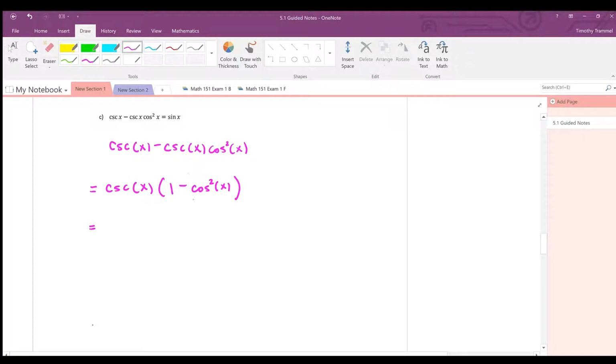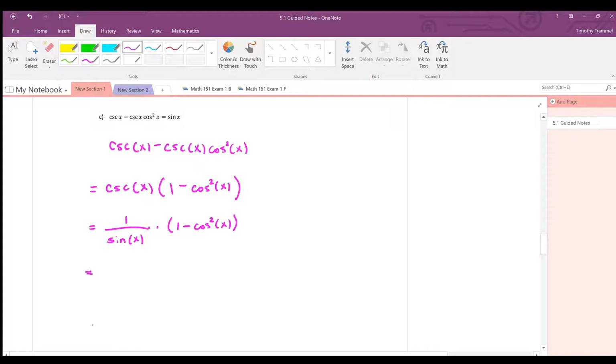Next, we might be feeling maybe a little stuck here, but a strategy that's never a bad one to try is take this cosecant of x and try and write it in terms of sine. So cosecant of x is 1 over sine of x. And then we have this times this 1 minus cosine squared of x.